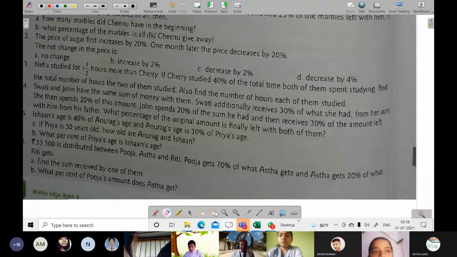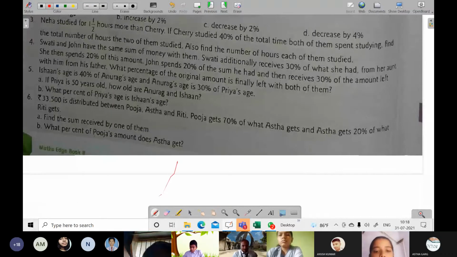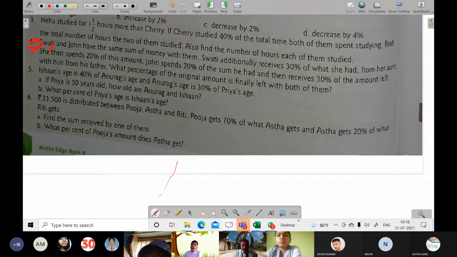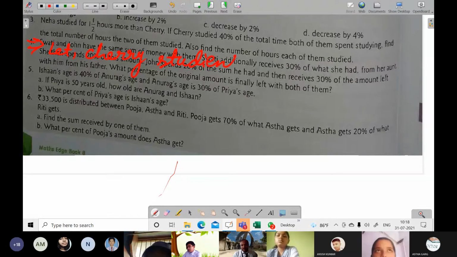Here simply you will write, let Cherry studied for x hour.